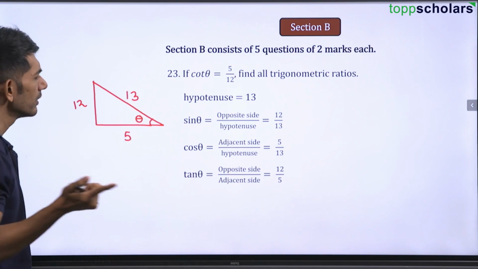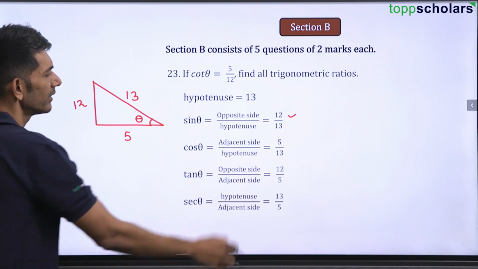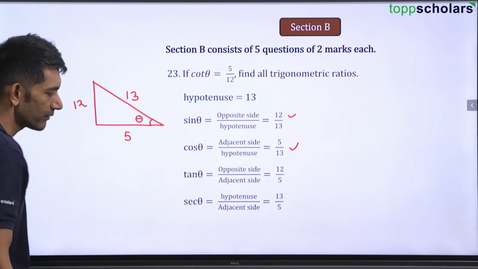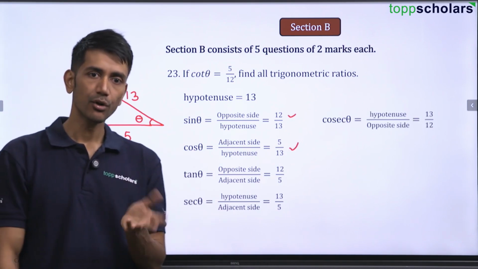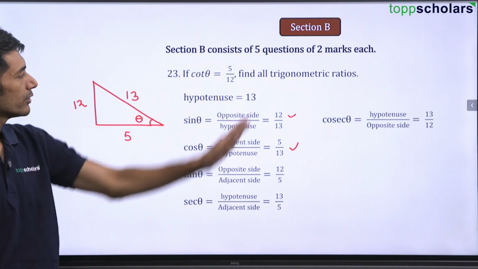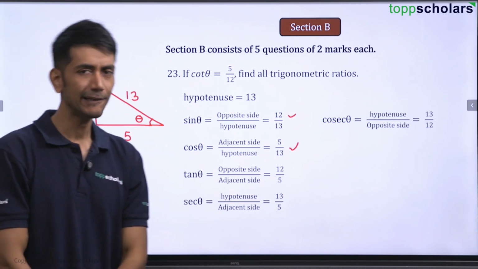Cosec is reciprocal of sine, so 13 by 12. And sec is reciprocal of cos, 13 by 5. Even if you do it with identities, you are going to get the same answer, that is not going to change. So you can also solve this question with the help of identities. Clear, easy, simple.